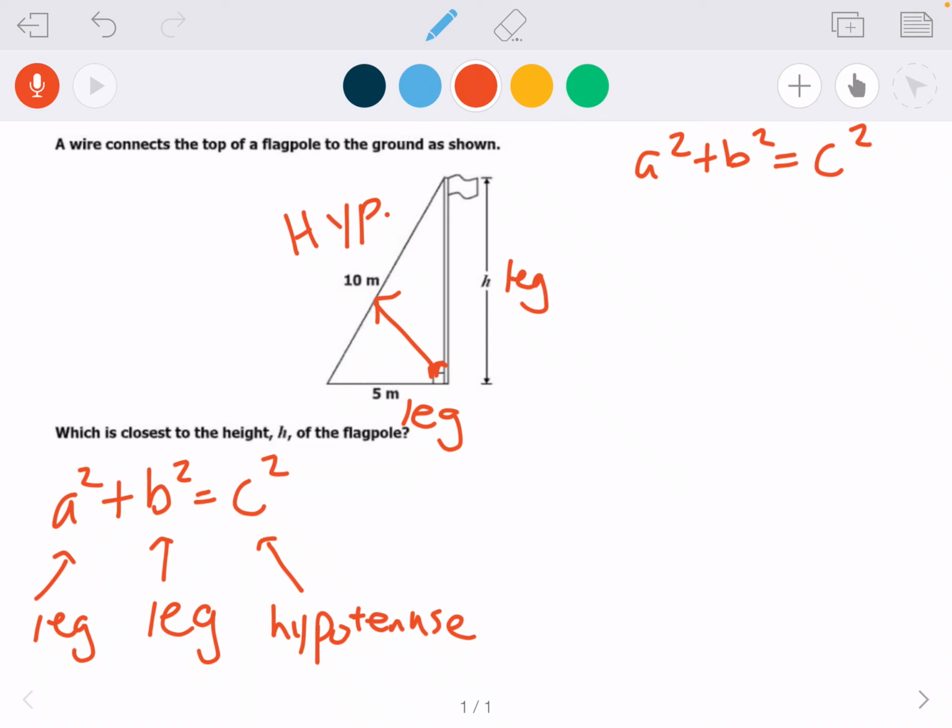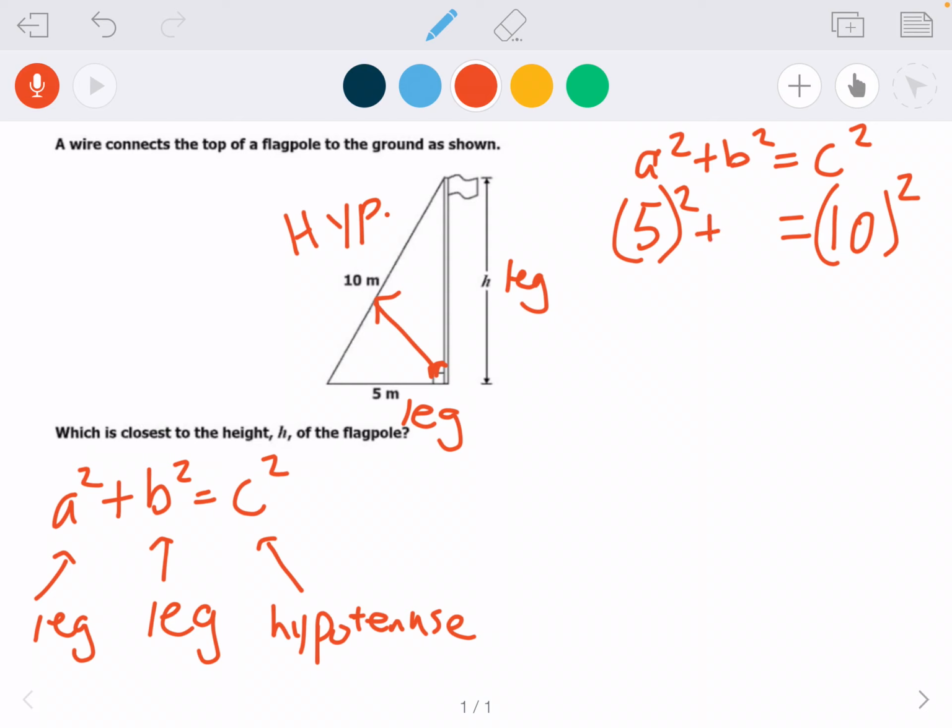It doesn't matter if you plug it in for the A or the B. I'm just going to plug it in for the A. Now in this problem, we know the hypotenuse is C. So that 10, we're plugging in for the C, not the B, because we're solving for one of the missing legs. The legs are A and B.